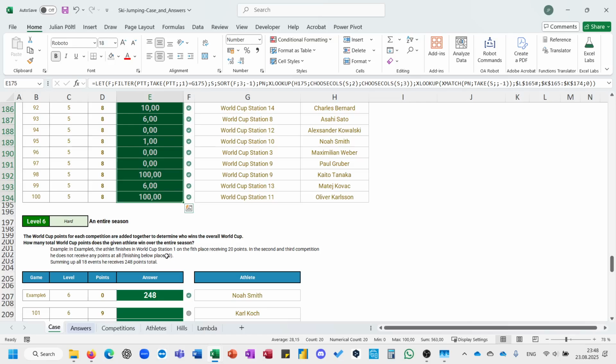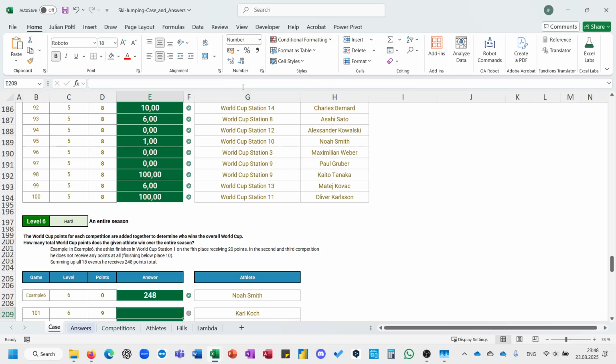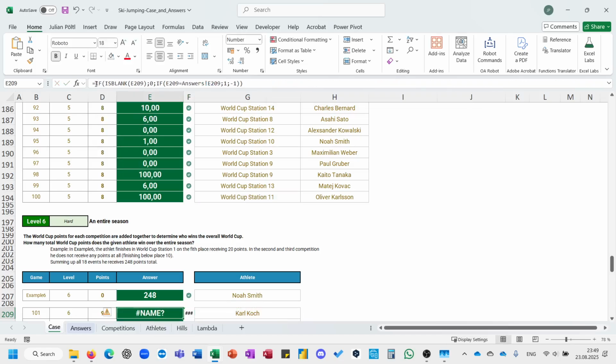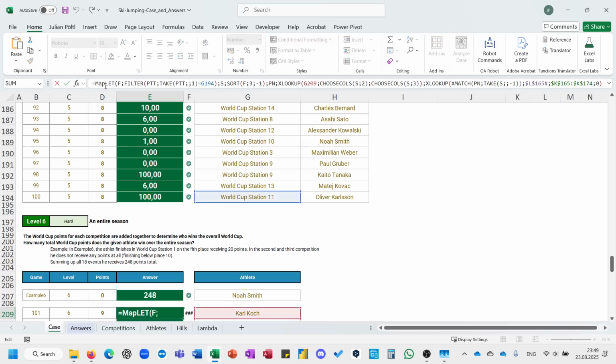So how many points do they get for an entire season? I will simply look up here for the name and map here in sequence 18, because there are 18 stations.